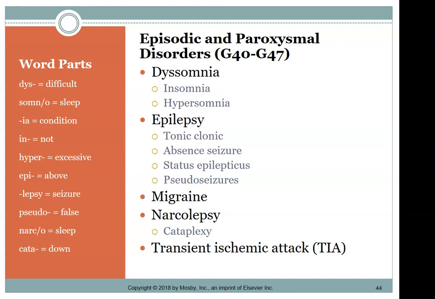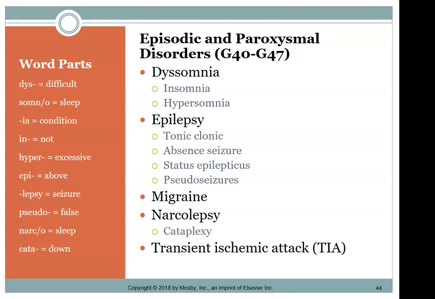The types of seizures include tonic-clonic, which is grand mal, accompanied by temporary loss of consciousness and severe muscle spasms, and absence seizures, or petit mal, accompanied by loss of consciousness exhibited by unresponsiveness for short periods without muscle movement.